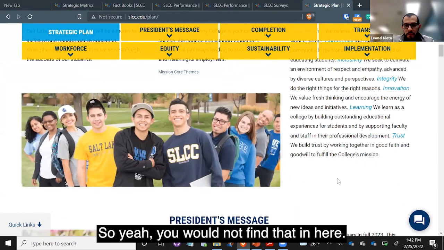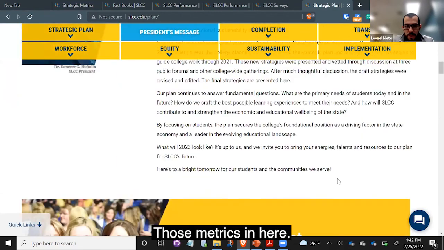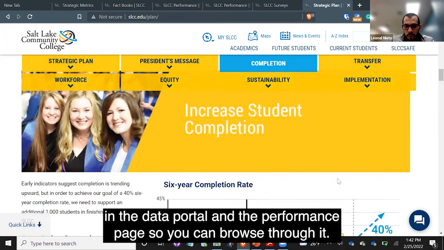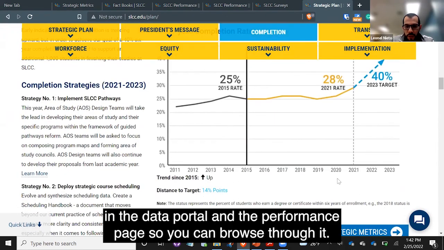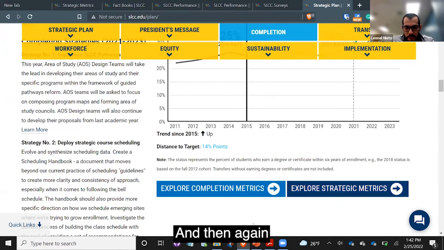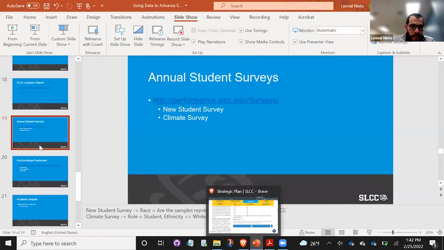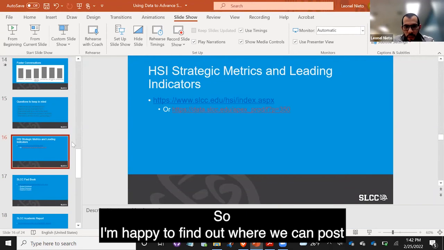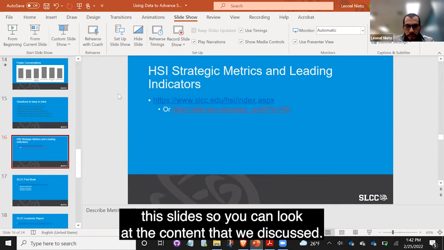So you would not find those metrics in here, but we will make that available in the data portal and the performance page, so you can browse through it. And again, it's got a link on my slides. I'm happy to find out where we can post these slides so you can look at the content that we discussed.